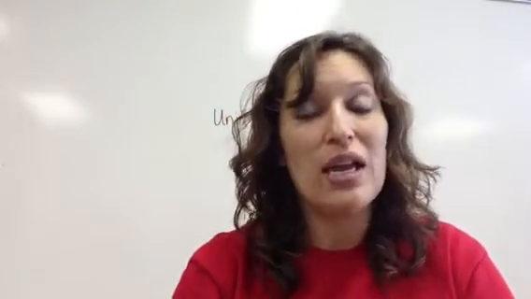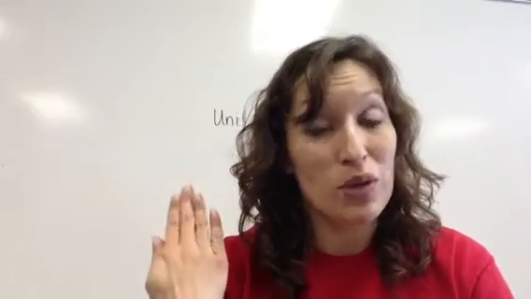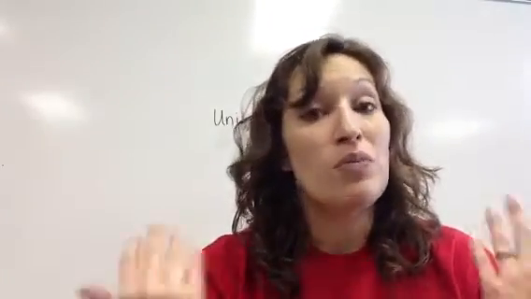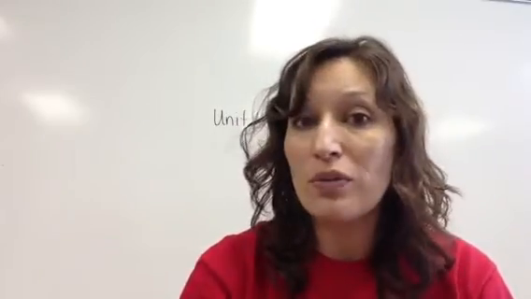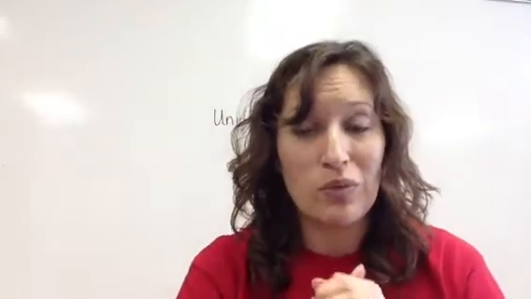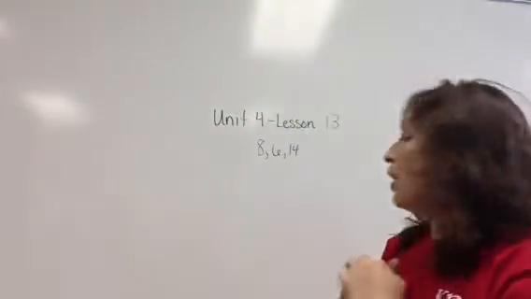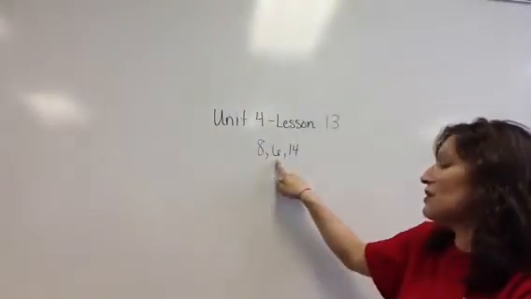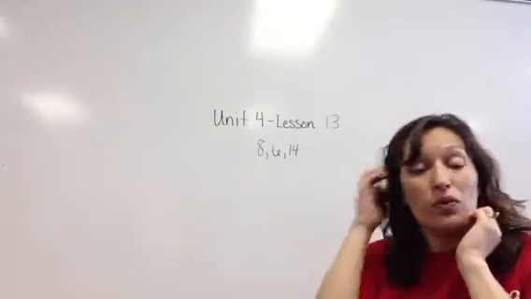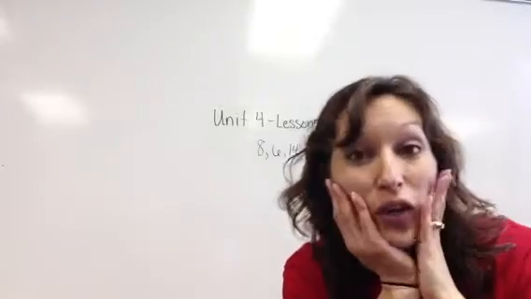Okay, so I put three numbers up here on the board, and with those numbers we need to determine who is who. Who's the part, who's the other part, who's the big guy total. Let's just take a peek together. We've got 8, 6, and 14. Who's going to be the easiest one to figure out?